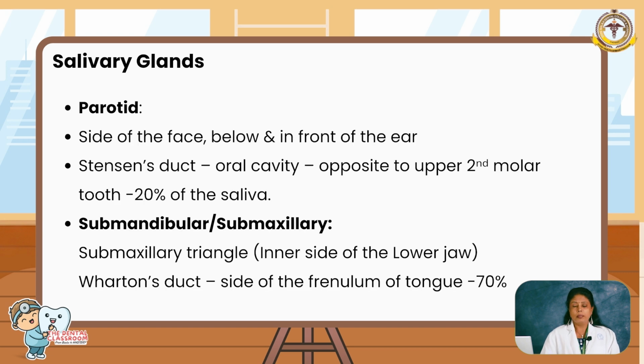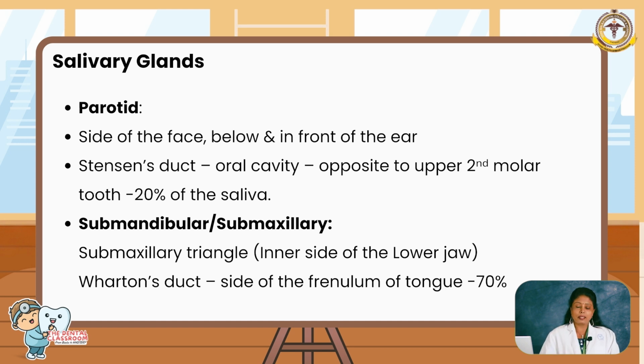Among these major salivary glands, the parotid gland is the largest gland, which weighs about 20 to 30 grams, and it is located on the side of the face, just below and in front of the ear. The secretions from the parotid gland are drained into the mouth by a special duct called Stenson's duct, opposite to the upper second molar tooth. The parotid gland contributes about 20% of the saliva.